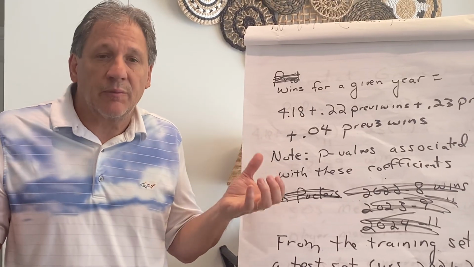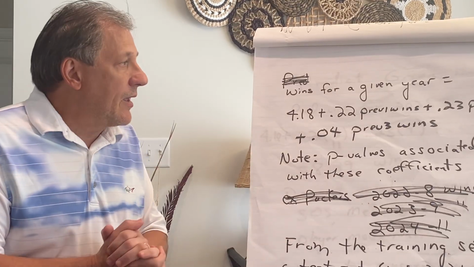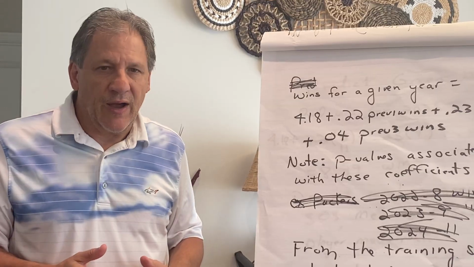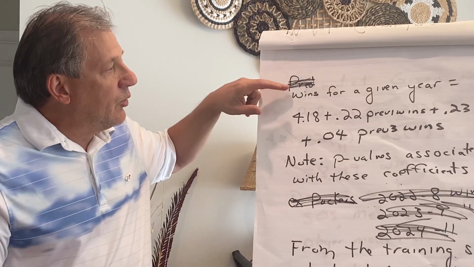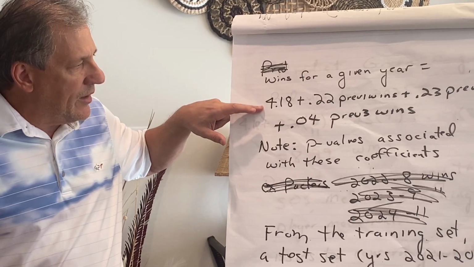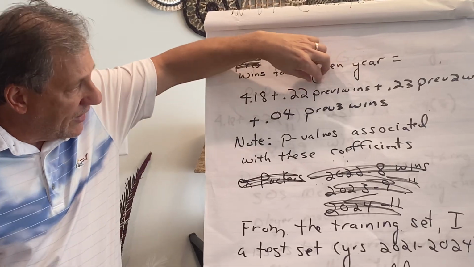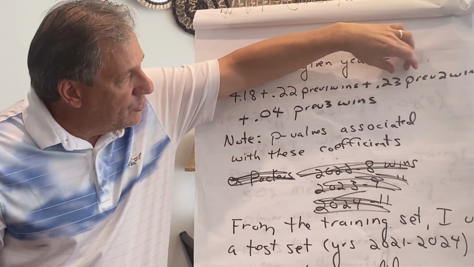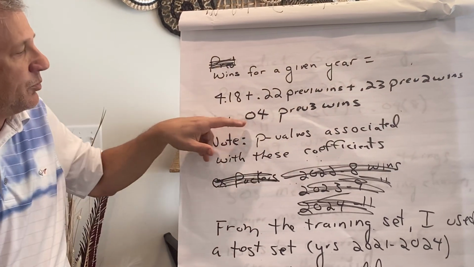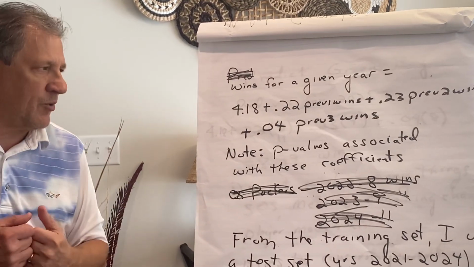So that's a very big sample size, many years, and I found, or at least the computer found, or you can do this on Excel, the wins for a given year was equal to 4.18 plus 0.22 times the previous year wins, I have that as pre-1, plus 0.23 times the wins from the second year previous to that, plus 0.04 times pre-3, which is the third year prior to that.